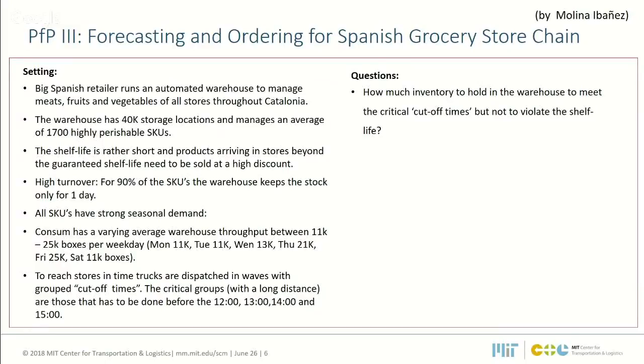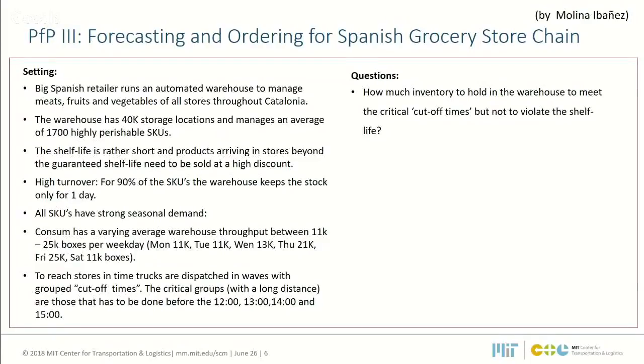So the key here is that they have to dispatch the trucks to different locations, and they have different lead times, because far away trucks need to be dispatched earlier than trucks that go close by. But they go on the same day. We're talking a 3-hour difference. Yes.